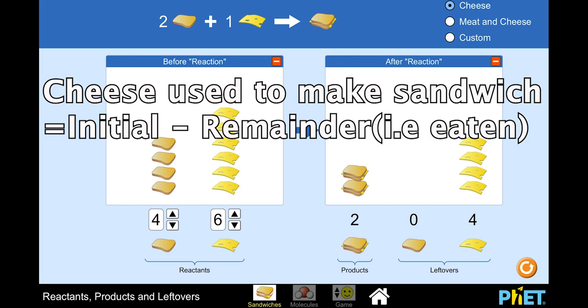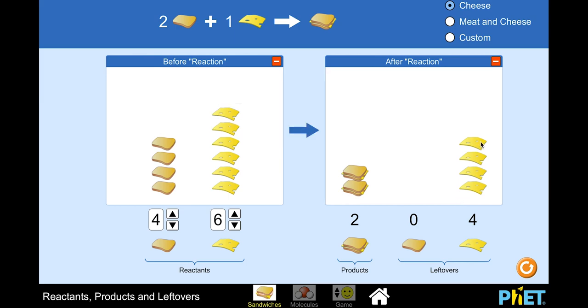The remainder is the quantity of cheese which was eaten by the kids. So the number of cheese eaten by the kids is equal to the remainder, the cheese which left after reacting. So that's our leftover.